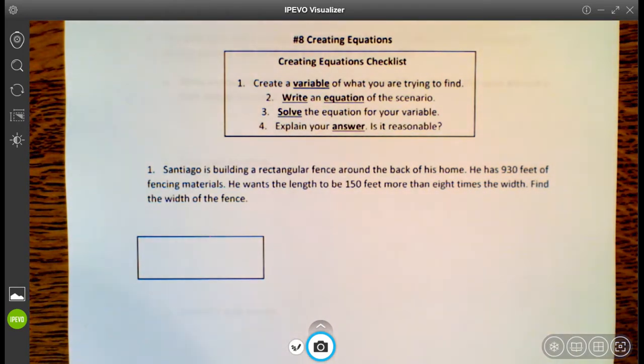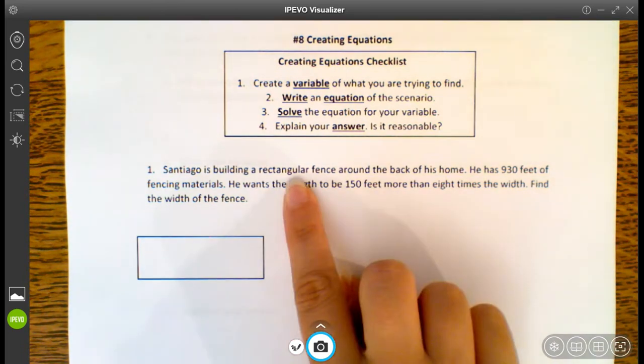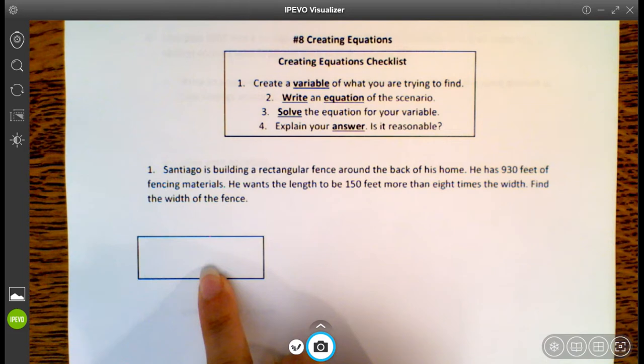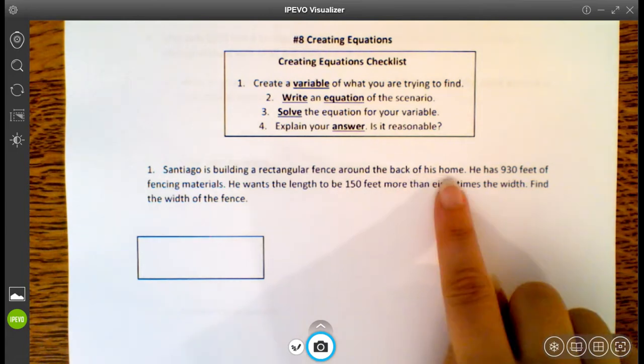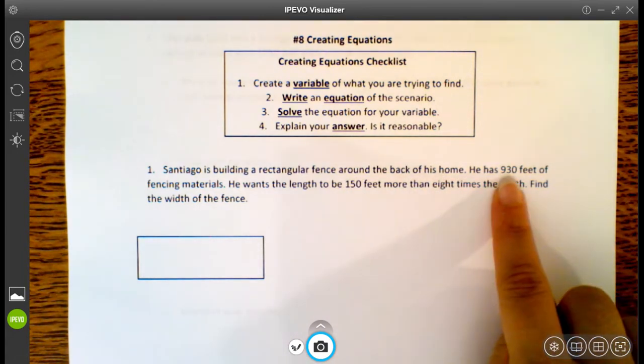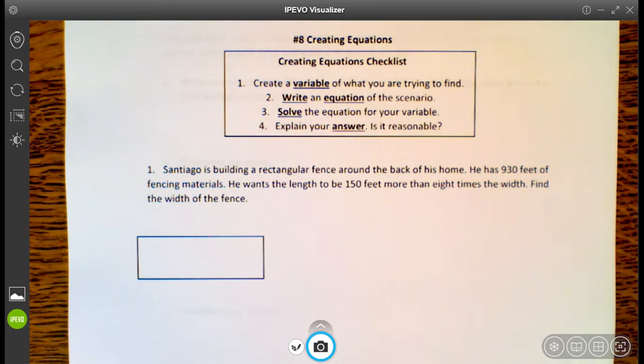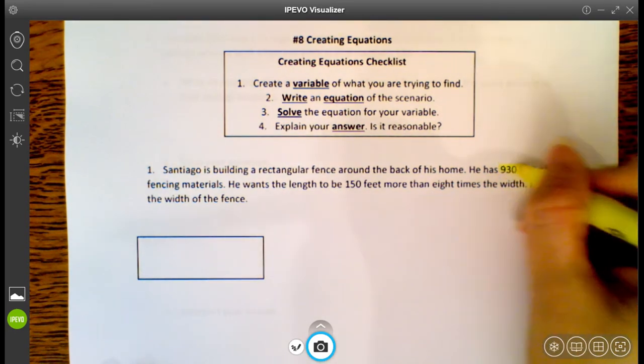So let's look at one example in particular here with Santiago, and he is building a rectangular fence, hence we have a rectangle. He's building this rectangular fence around the back of his home. He has 930 feet of fencing materials, so I'm going to go ahead and highlight that.